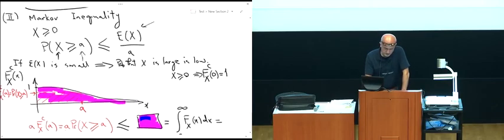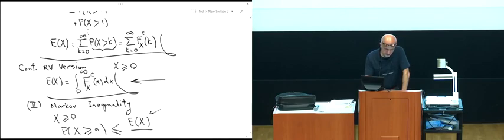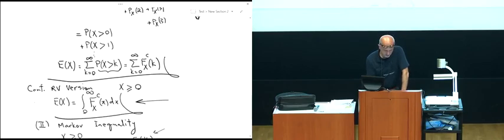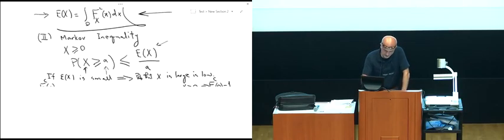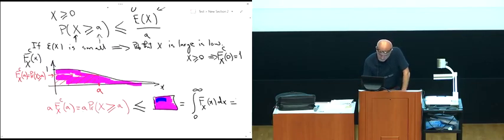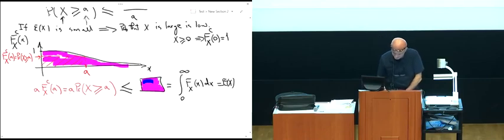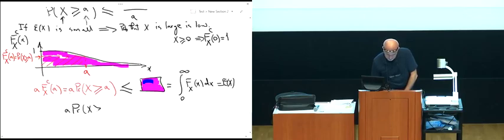No, it's not equal to 1. We go back to station 1. It's the expected value. Yay! Here we go. Nice. I'm proud of myself. So now we have A times the probability that X is greater than or equal to A is less than or equal to the expected value of X, which brings us to Markov's inequality.